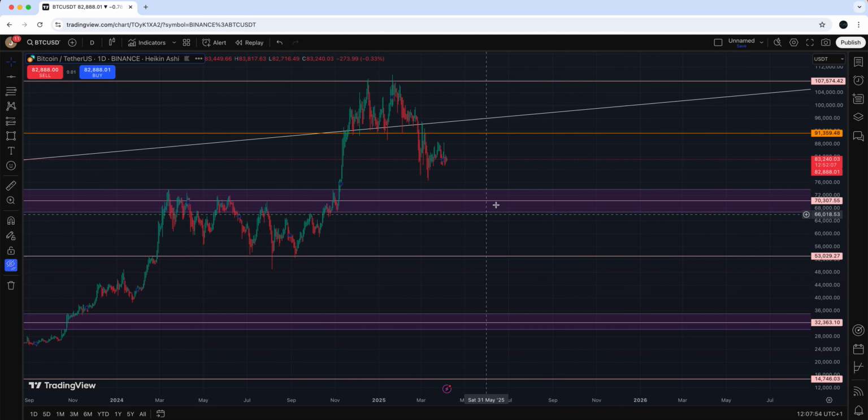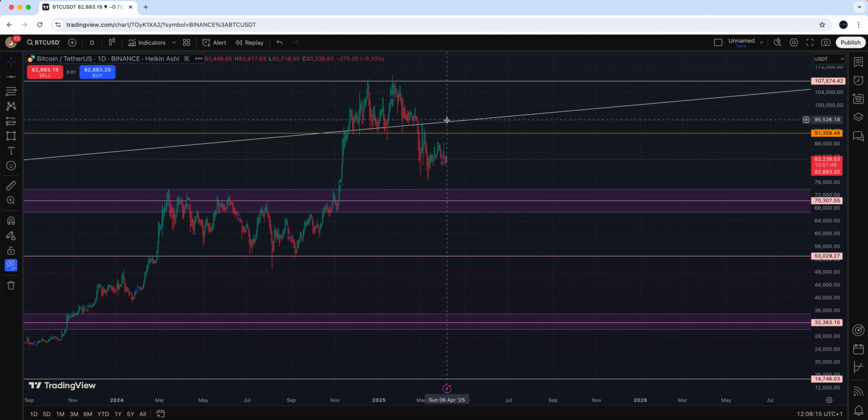It might bunch up for a while because moving from 108 all the way down to 77, that's a fair drop. That's a good 25% move. So it could take some time to cool off before it does its next move.